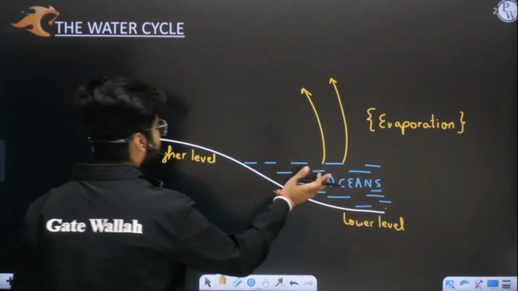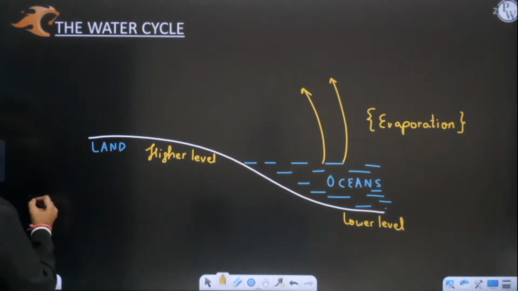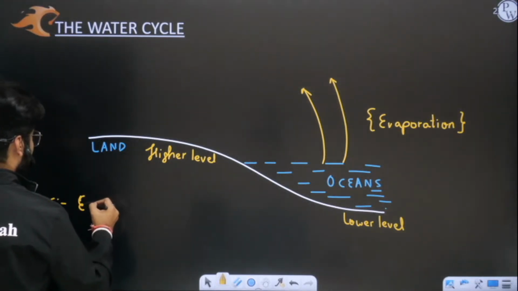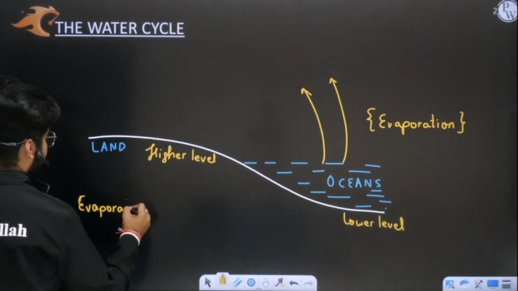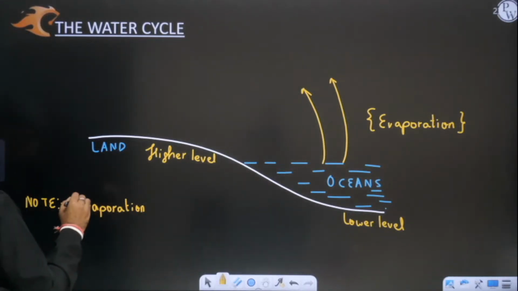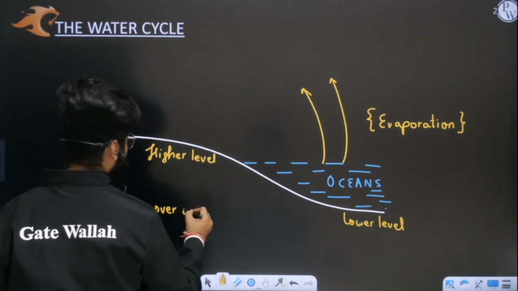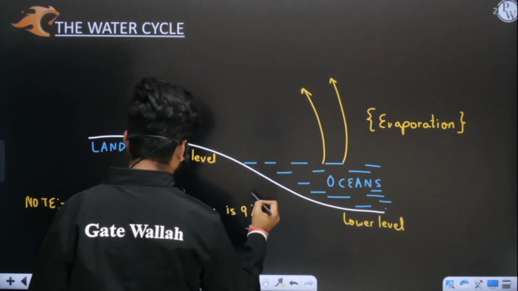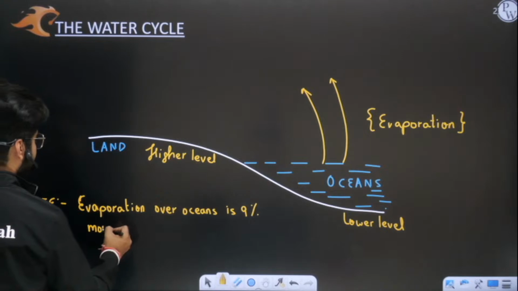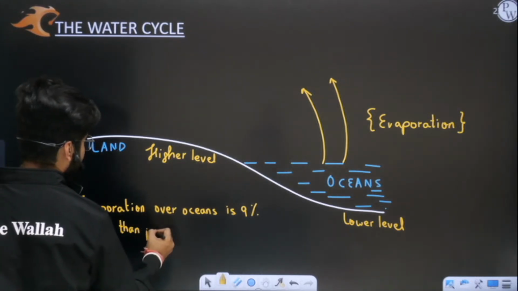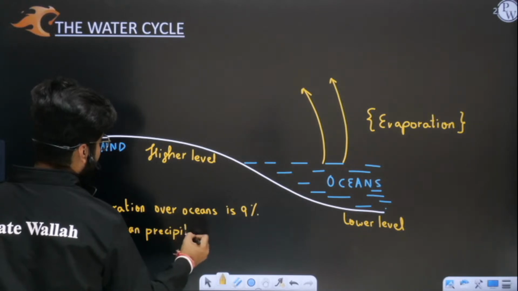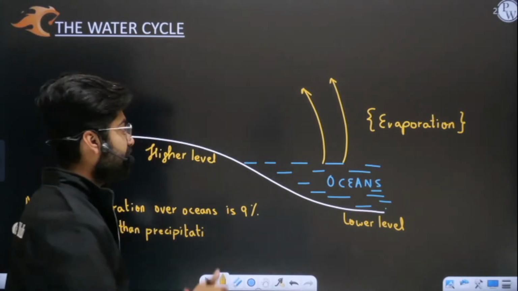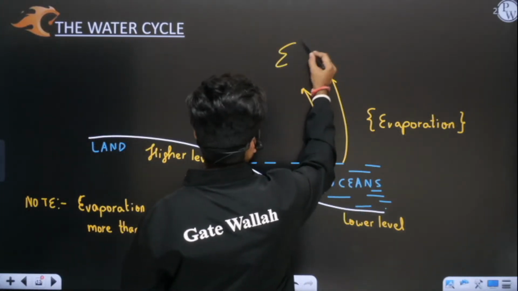You need to note one point here: evaporation over oceans is around 9% more than precipitation over it. Which means that the amount of water evaporated from your oceans is 9% more than the precipitation happening over the oceans.